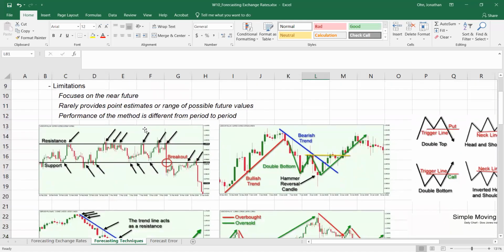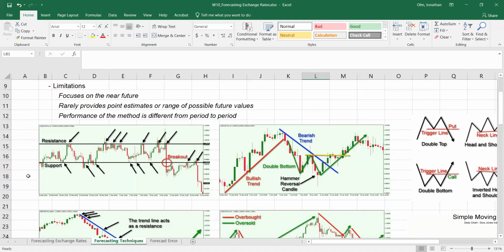Look at this chart. Let me introduce a couple of important concepts and terminology: resistance level and support level. Resistance level means the price is not likely to go over the resistance, based on past information.